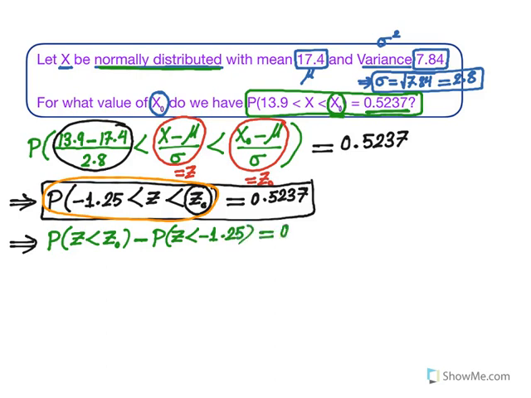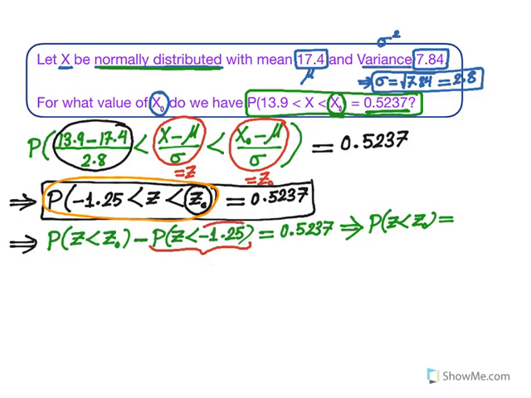This should be 0.5237. And so from this, we will compute this part here and then take it to the other side. It will be a plus if you take it to the other side. So first let's compute it.